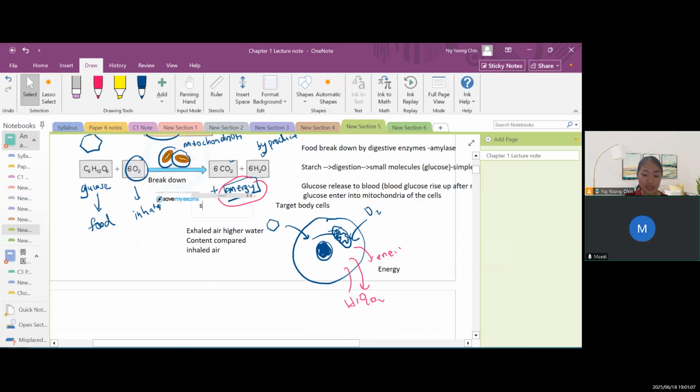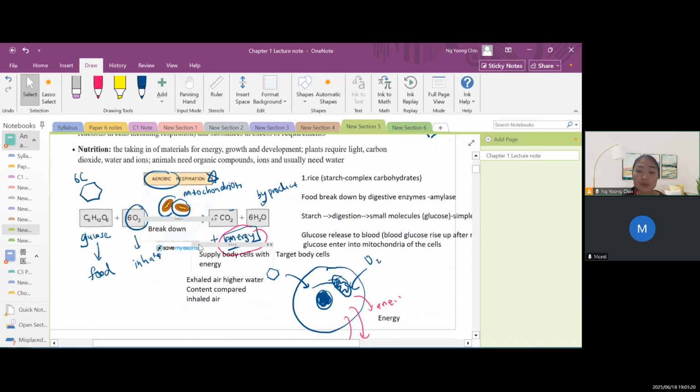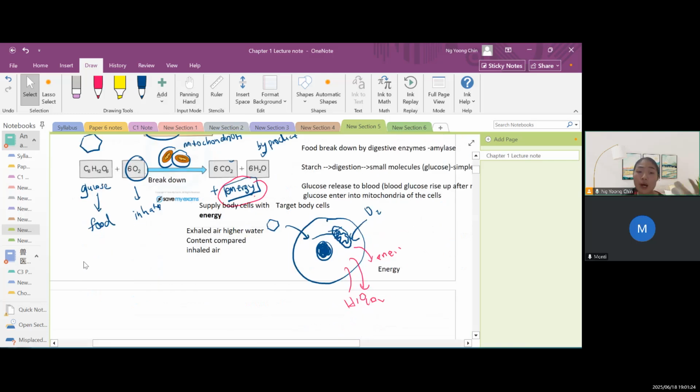Their purpose is they need to supply the body cell with energy. So that's why they are doing this process, which is aerobic respiration. How is energy important to the cell? Energy is required by cells to do their cellular activity.